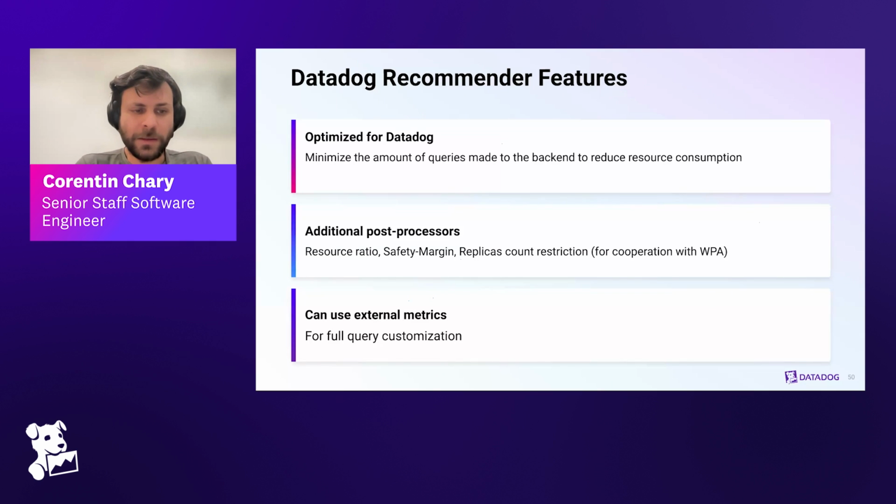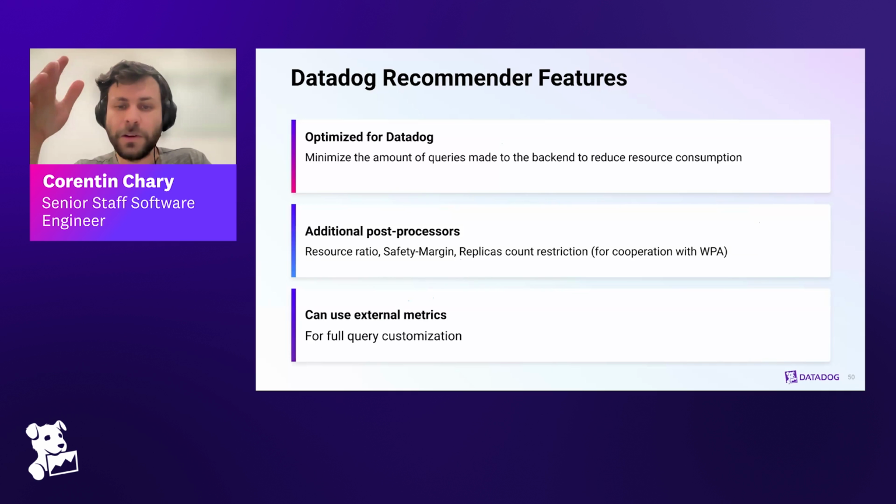And more interestingly, it can allow you to craft your own query by hand, like the WPA, using Datadog metrics. And that's actually quite interesting. For example, if you have an application that has leader election, you want to size the non-leader pods to the size of the leader that currently has traffic, because when they become leader, you want them to have the same resource allocation.